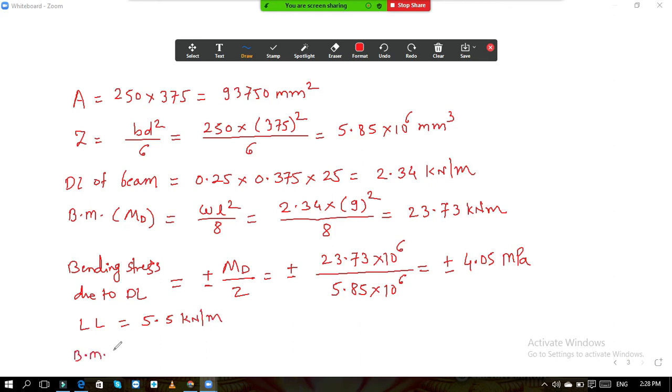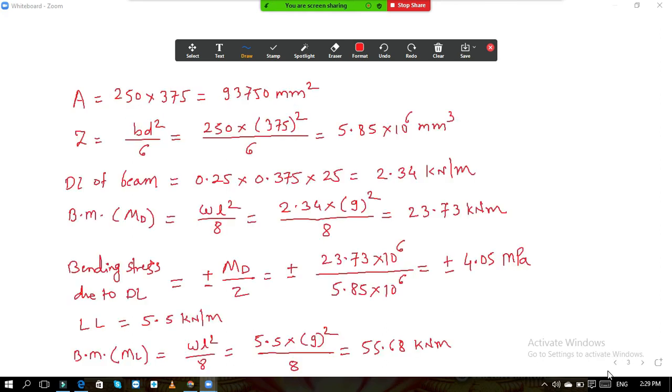So the bending moment due to live load is WL square by 8, which is 5.5 into 9 square divided by 8. So it is 55.68 kilonewton meter. Check the values.